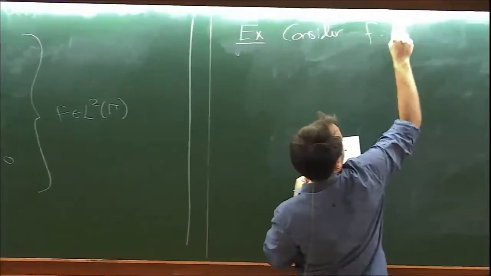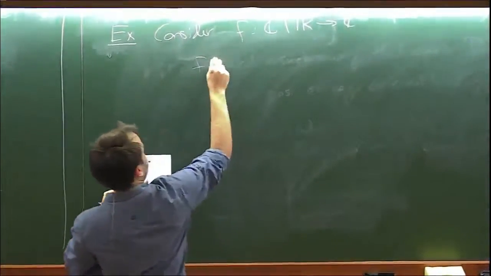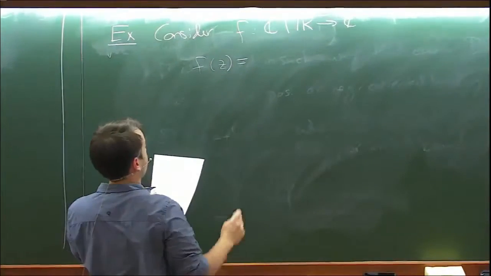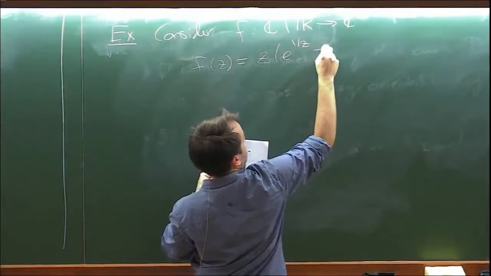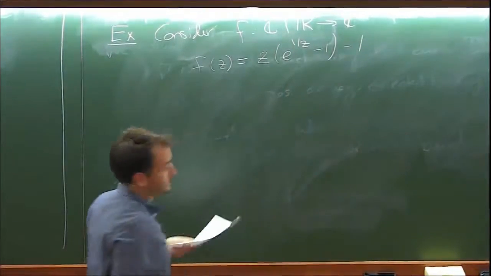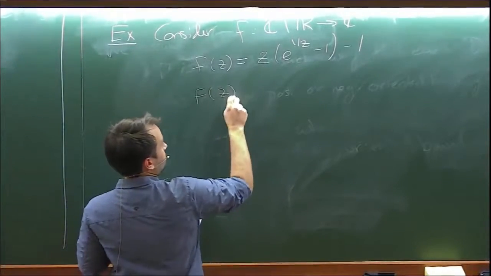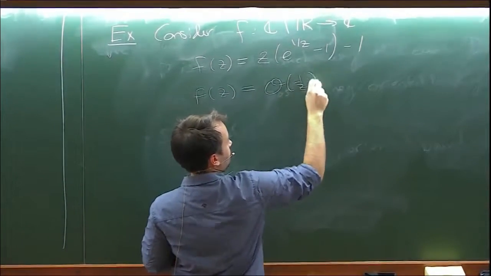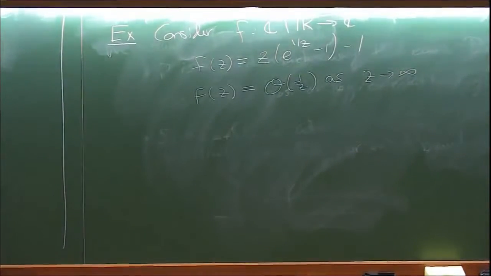So f, which will be a function from C take away R to C, we'll define for z not real as that. So this is clearly an analytic function off of R. If you work through the expansions, you'll see that f of z is uniformly order 1 over z. Just use the Taylor series for e to the 1 over z.